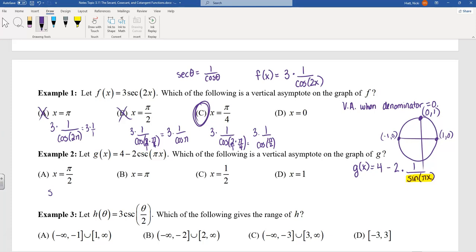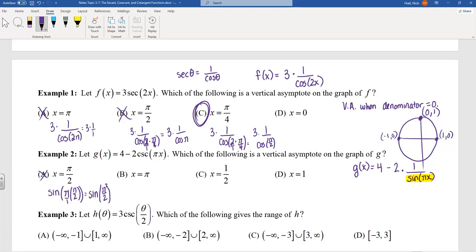So if I do sine of pi times pi over 2, that is going to give me sine of pi squared over 2. Do we know what that is? We know sine of pi over 2, but not pi squared over 2. This is not a unit circle value right here. Nothing reduces.